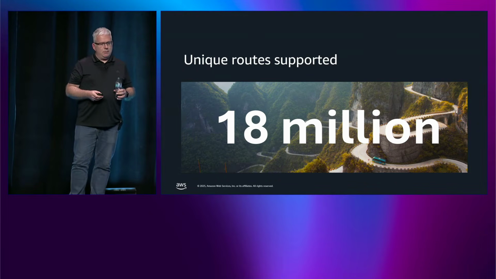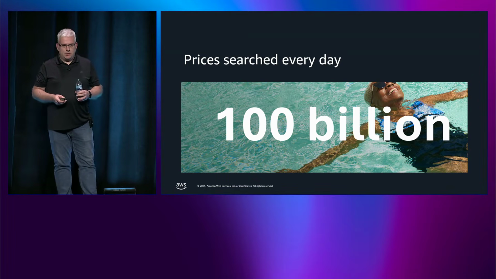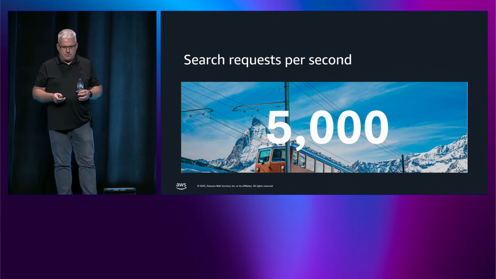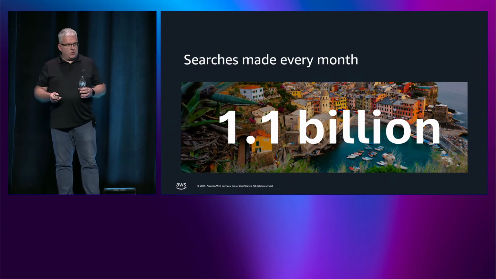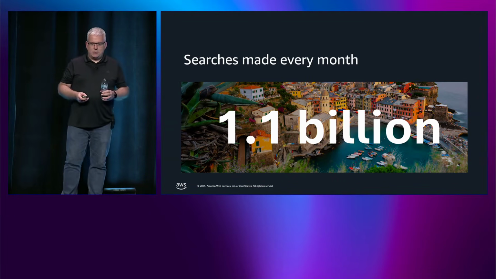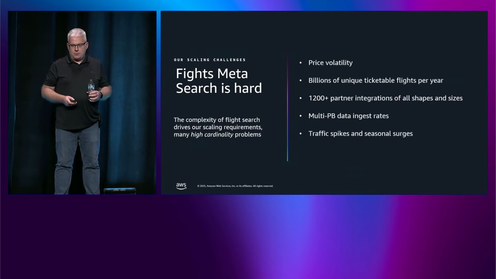We support over 18 million unique flight routes. Over the course of a day, it's not unusual for us to see 100 billion prices coming back from all these partners. We'll have 5,000 requests a second at peak, and over the course of a month, that's about 1.1 billion searches. So there's a lot of traffic there, and the architectures have to scale to support it.